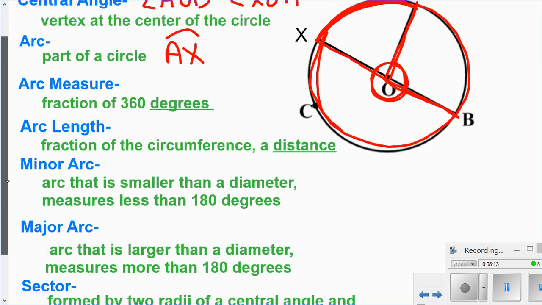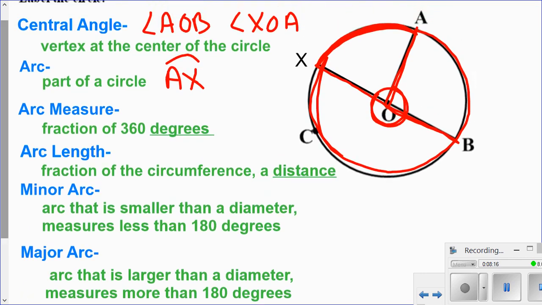So if I'm looking at my circle here, first of all, the diameter we said is XB.